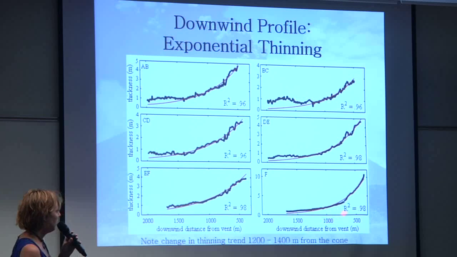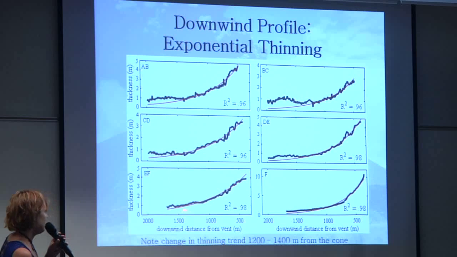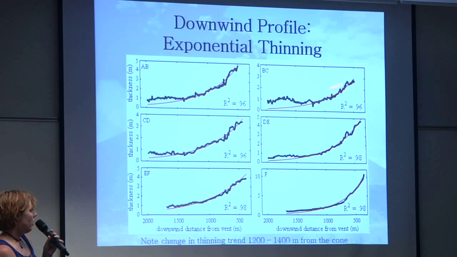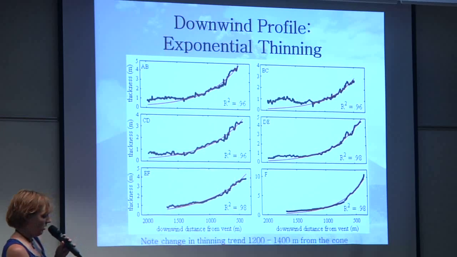But you'll notice that deposits become over-thickened at a distance of about 1200 to 1400 meters from the vent. We identify this as the column corner. So this is identified as proximal deposit, and this is medial, which means that this is being impacted by fallout from plume margins, and this is from the buoyant eruption plume.